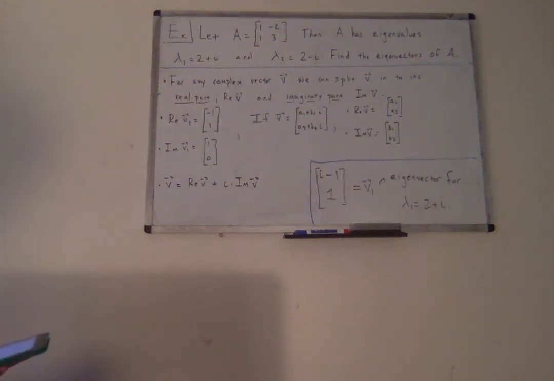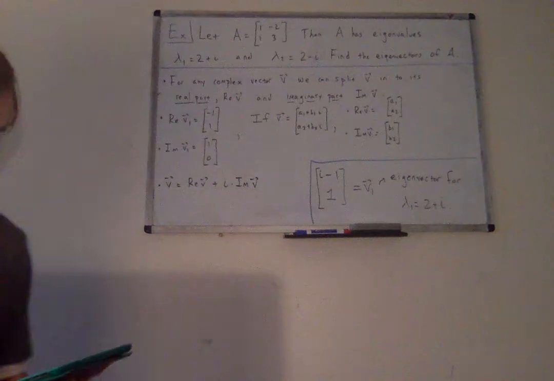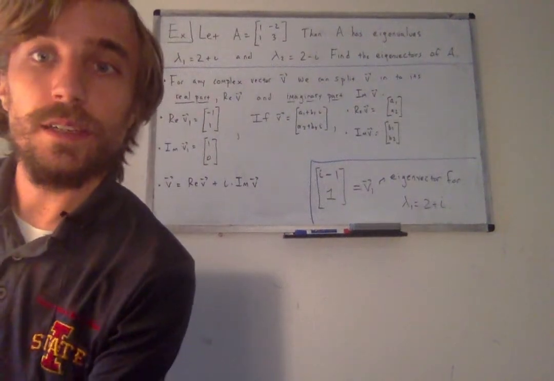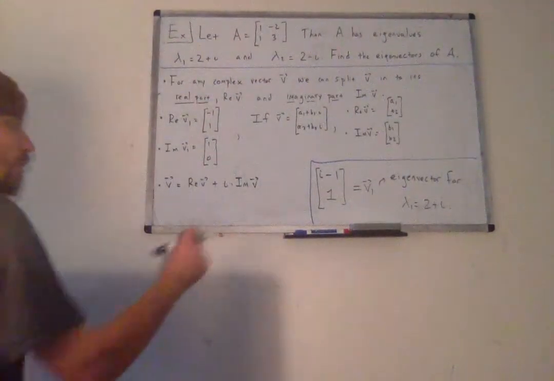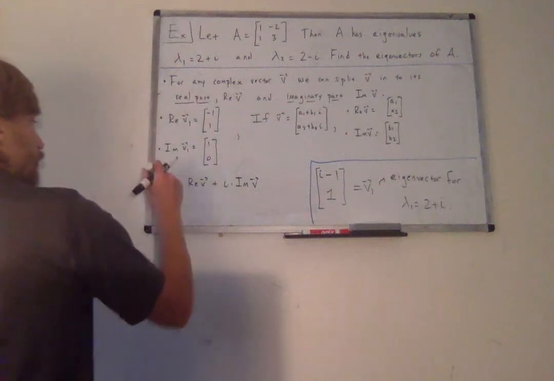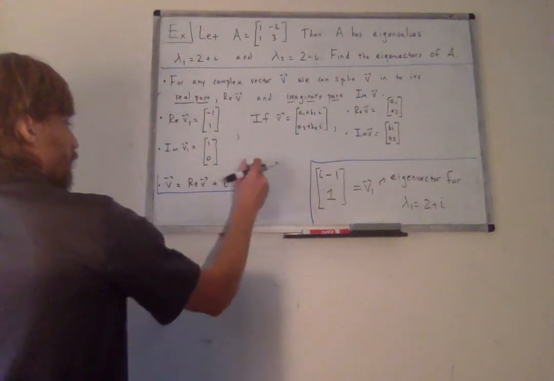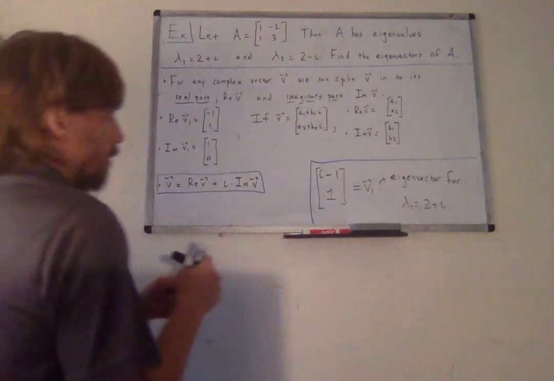All right. So given this, we can actually now also define the conjugate of a vector. So here we've got this definition.